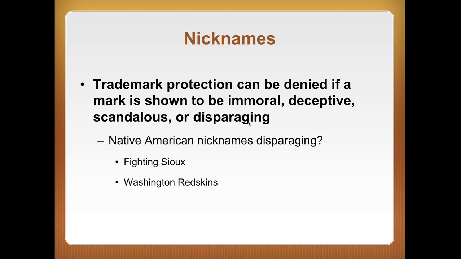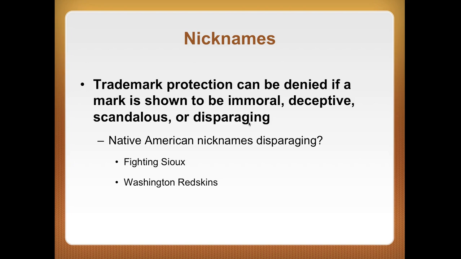Nicknames. A trademark can be denied on a name that's considered scandalous or deceptive. So it leads to the question of whether Native American nicknames fall into this. The Redskins, the Braves, the Fighting Sioux, the Illini.